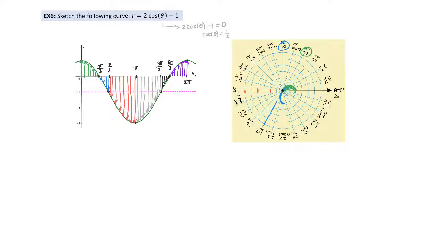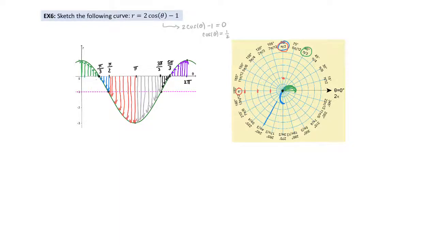And again, I am going to be first sketching my rays over here as if they were positive, and then we're going to go ahead and do the reflection. Now we're going from pi over 2 right here all the way to pi, and we're going to be going from, as we said, 1 right here all the way to 3.